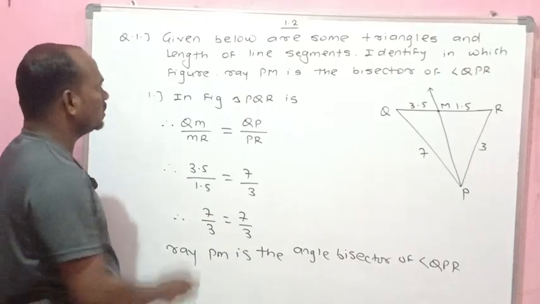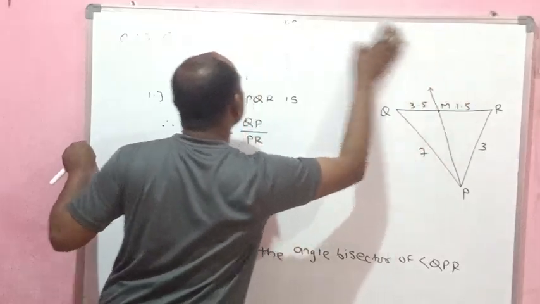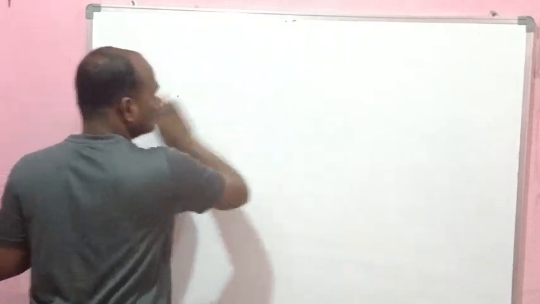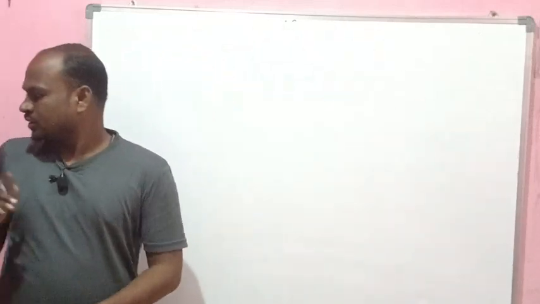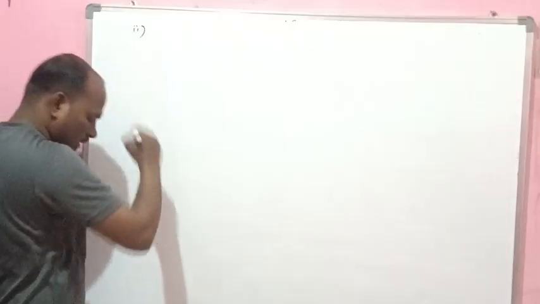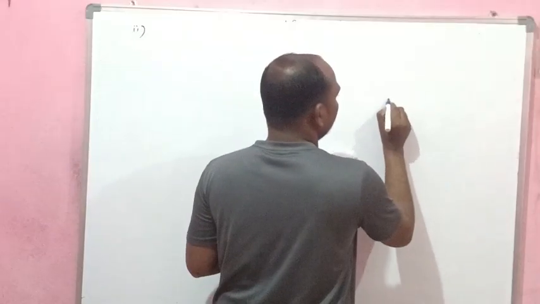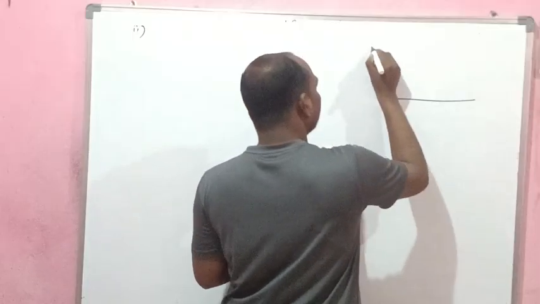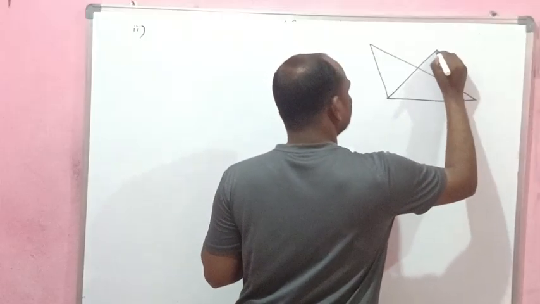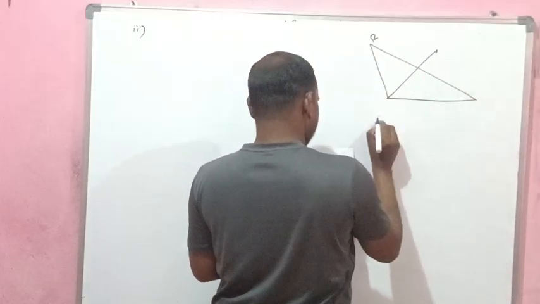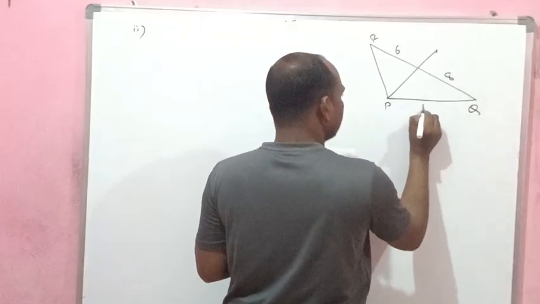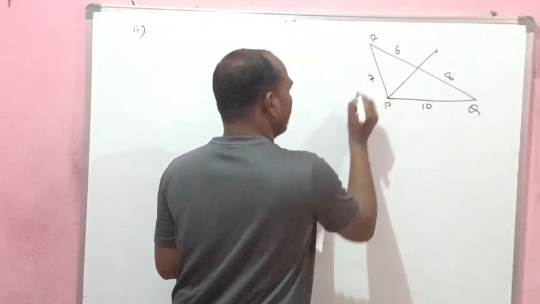Now the second problem will be, now the second diagram is that is R P Q 6 8 10 and 7.